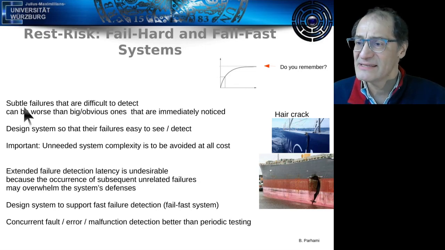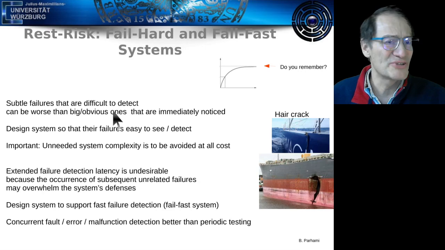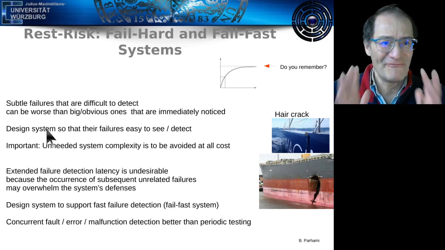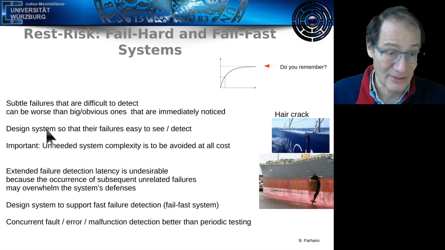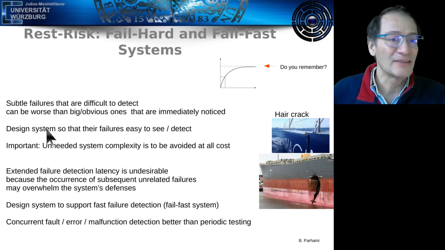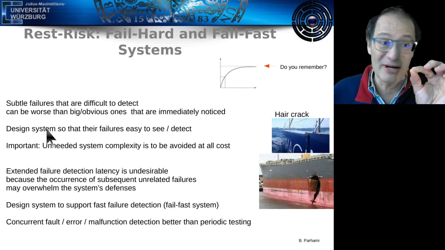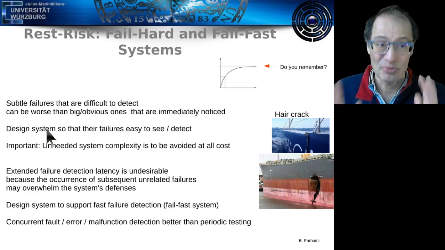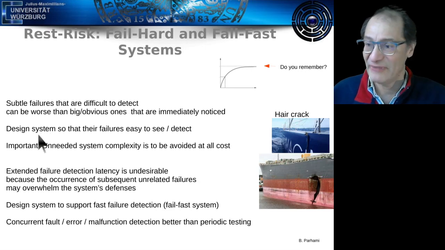A bad thing is these small failures, which are difficult to detect, and they shall be removed. It is better to have a big failure which is detected, which you can see immediately, than to have a small error which you cannot see and will stay there until you have an accident. So it's better to have big errors, big failures.